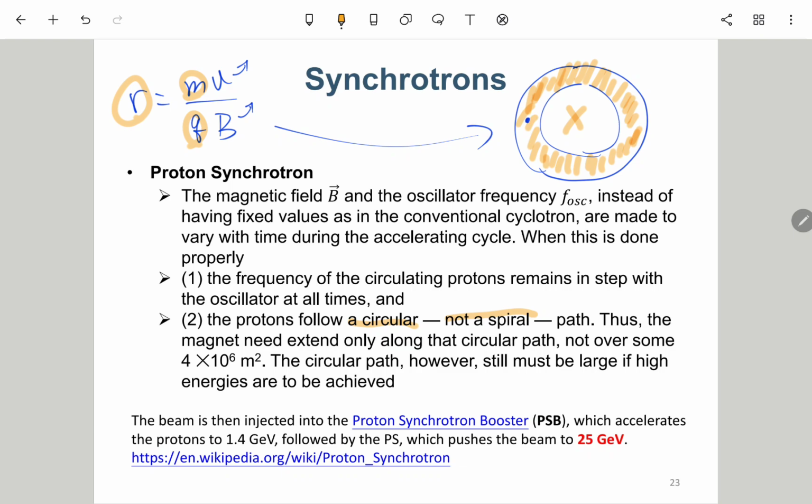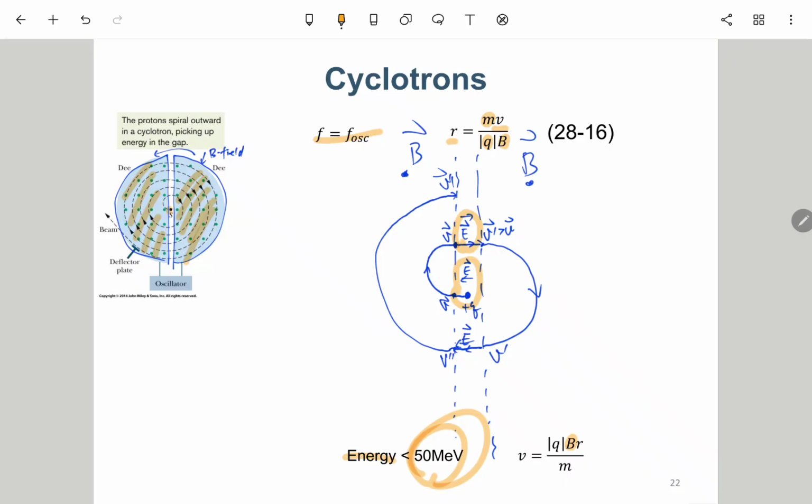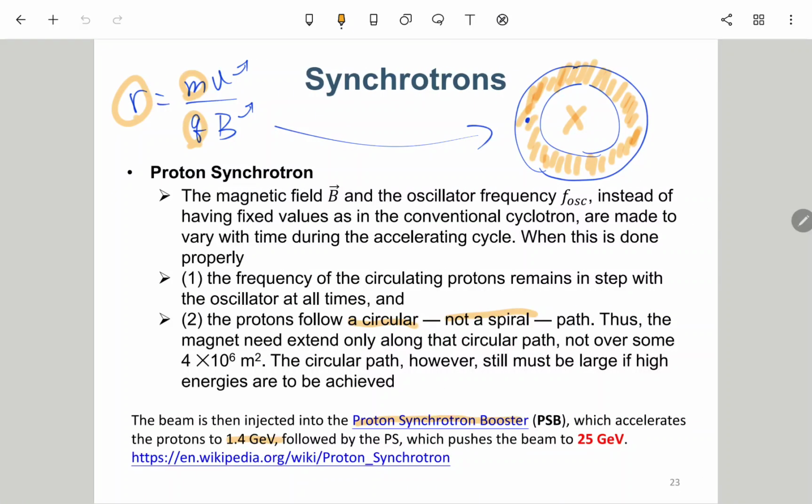Like here we have a proton synchrotron booster, which accelerates the proton to 1.4 GeV. You can see 1.4 GeV is already more than 20 times larger than that one. And then it is followed by the proton synchrotron. So the booster accelerates it halfway.